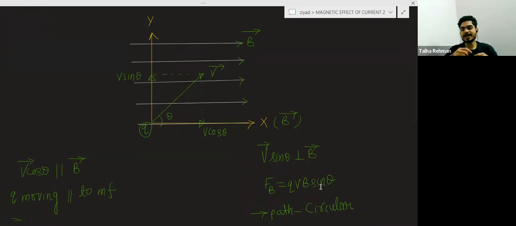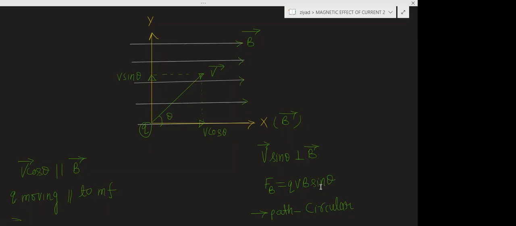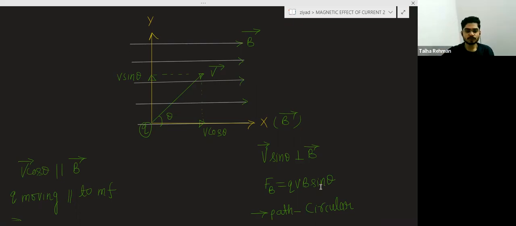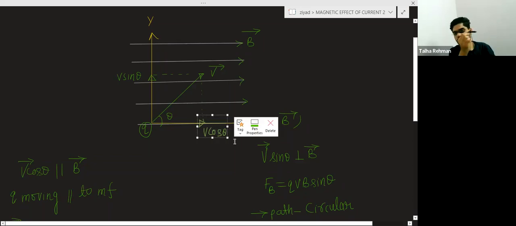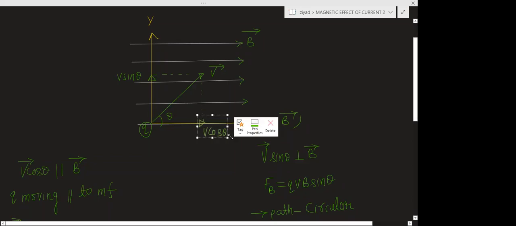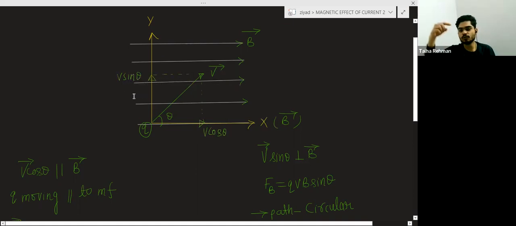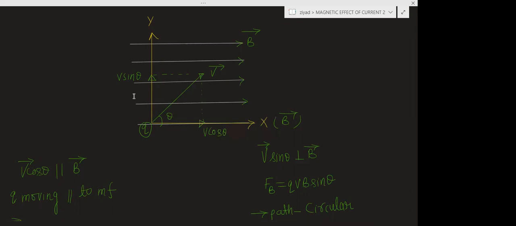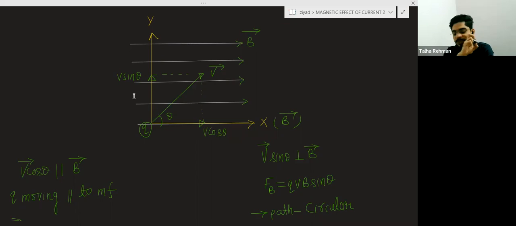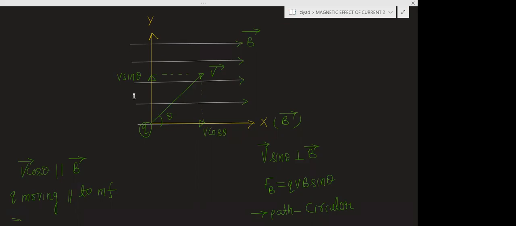When you combine the linear path and the circular path: due to v cos theta, the charged particle is trying to move in a straight line, but due to v sin theta, it is trying to move along a circle. So there should be a path that is the combination of the straight line path and the circular path, and that path is known as the helix path.